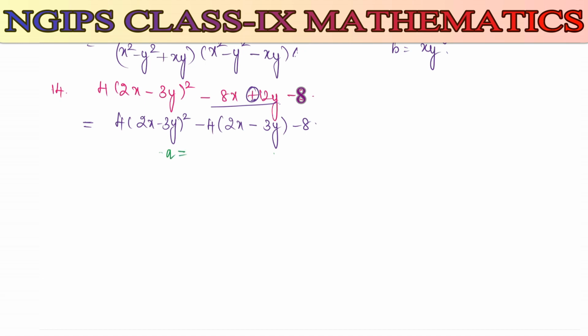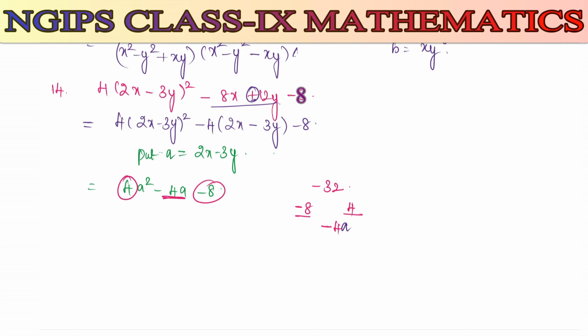So put a is equal to 2x − 3y. Substituting, 4a² − 4a − 8. Now this is in the form of a quadratic equation. You have to multiply the coefficient of a² and the constant term. 8 4s are 32. When you add, you have to get −4. Here it has to be minus, so put minus.